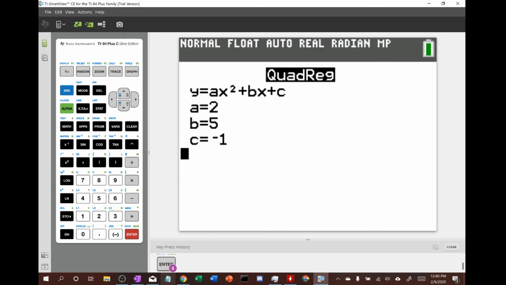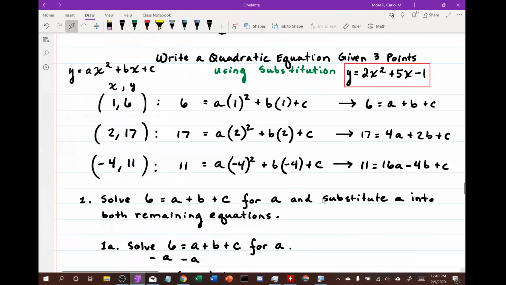Going back to our problem to check, we have y equals 2x squared plus 5x minus 1. And so we have successfully checked to make sure this problem is right using both Desmos and TI.